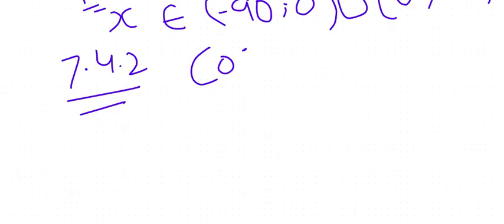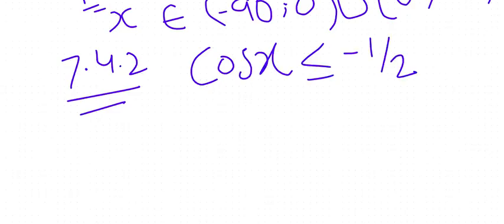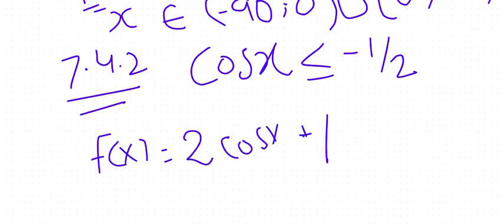So we need to solve the inequalities involving cos x. Let's relate this to f of x. So f of x equals to 2 cos x plus 1 and we want cos x less or equals to minus 1 by 2. So substitute the cosine inequality into the f of x.